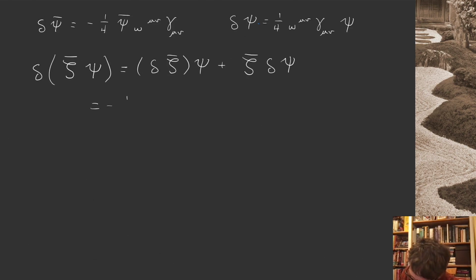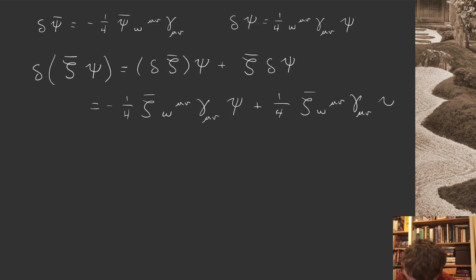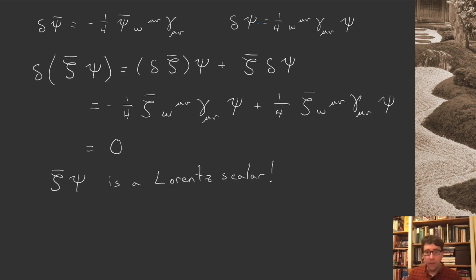So I'm going to find -1/4 zeta bar omega mu nu gamma mu nu psi plus 1/4 zeta bar omega mu nu gamma mu nu psi. And now I have the right minus sign, plus sign. I've got the same things in both terms. Finally, I find that that boost is 0, and so I can conclude that zeta bar psi is a Lorentz scalar. Great. So I've identified how to appropriately take an inner product for spinors.